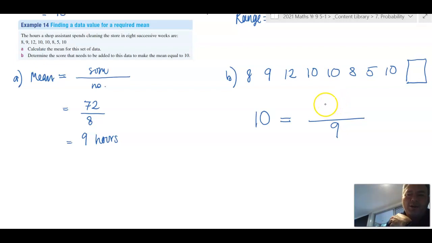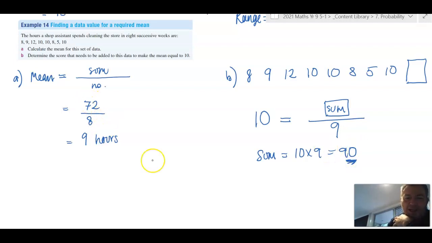And so I need to work out what the sum of the scores should be for the mean to be 10. So if we rearrange this formula, I can work out that the sum should be equal to 10 times 9. It should be equal to 90. Okay?